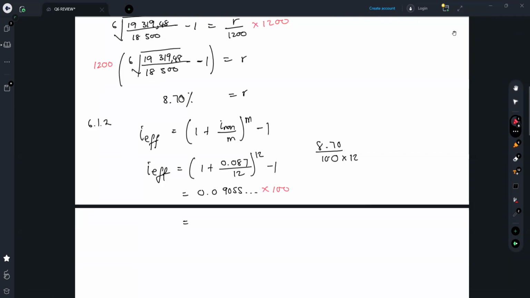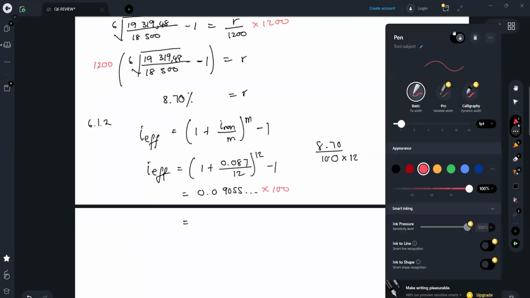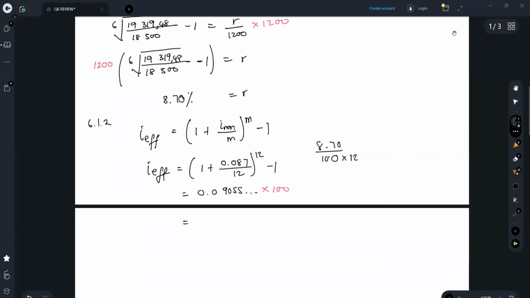Then and only then will I cap off my value, will I round it off, rather. So in this case, when I multiply by 100, the final value becomes 9.06, and you know that this turns into a percentage after multiplying by 100. Okay. Hopefully that makes sense. So that would be the effective rate right there.